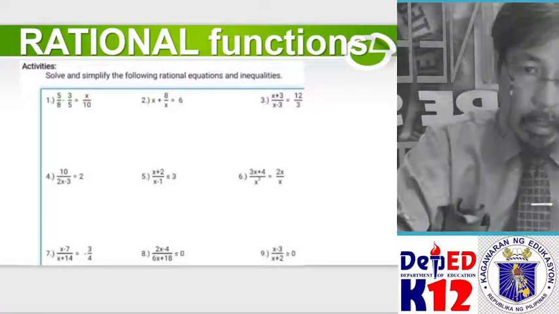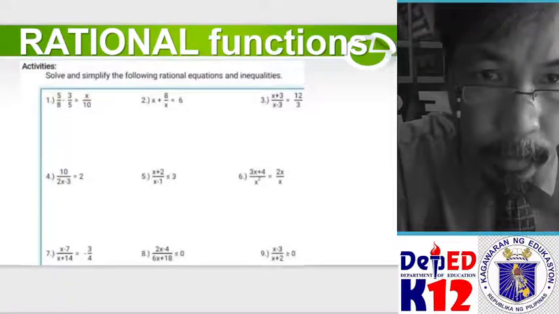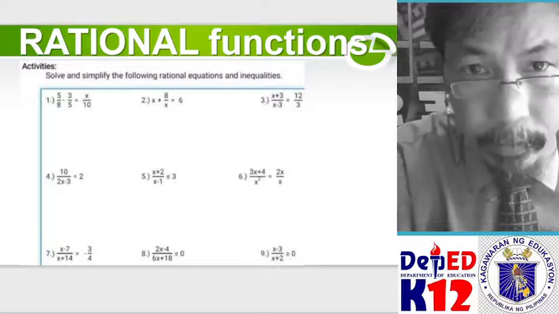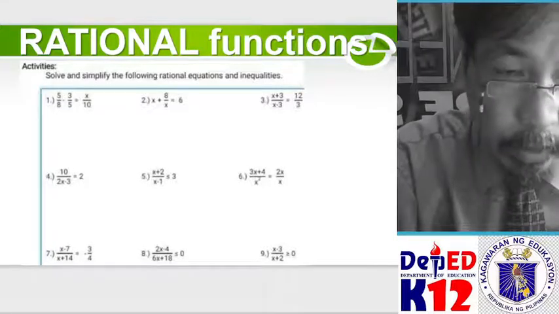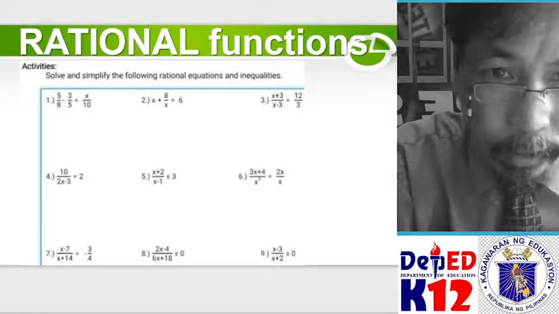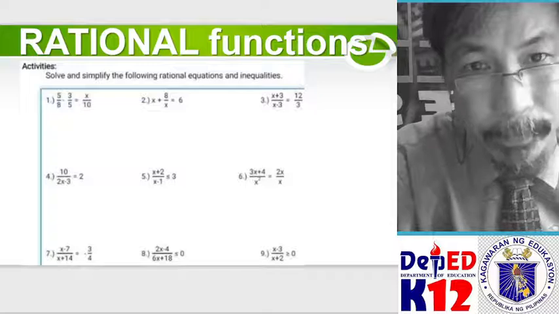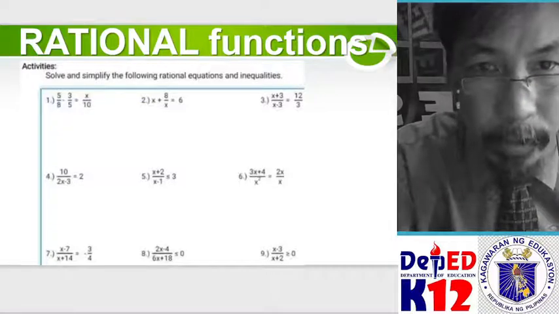So this is now a rational equation because it has an equal sign. Solve and simplify the following rational equation.